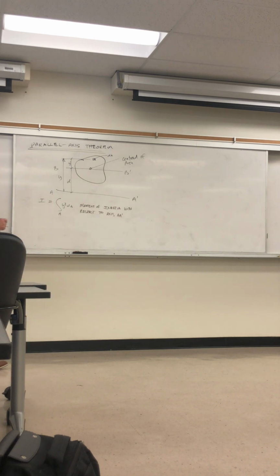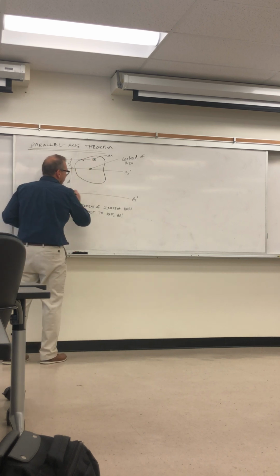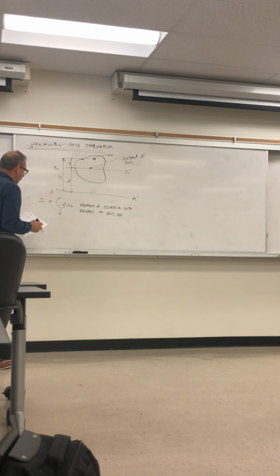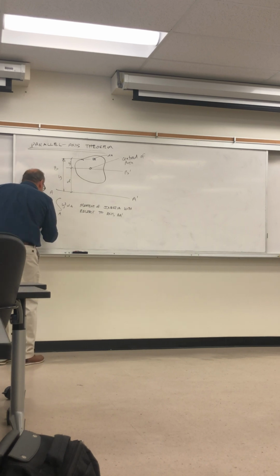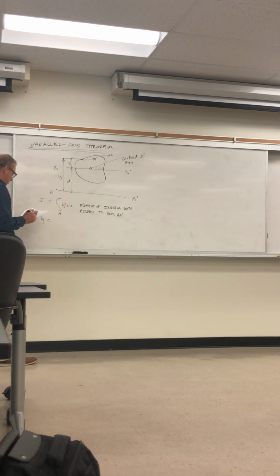So this is the moment of inertia with respect to that line at the bottom of that area. The integral of y squared dA over this area. Now y equals y prime plus d.